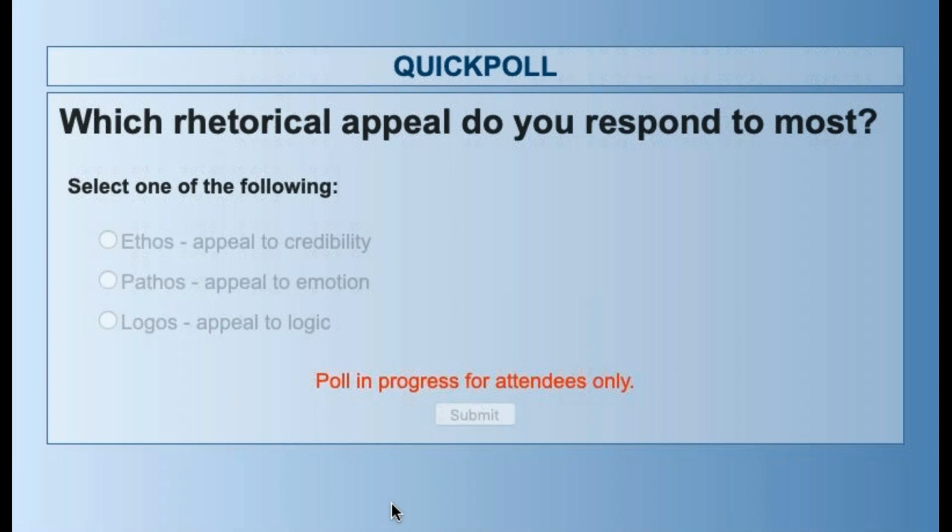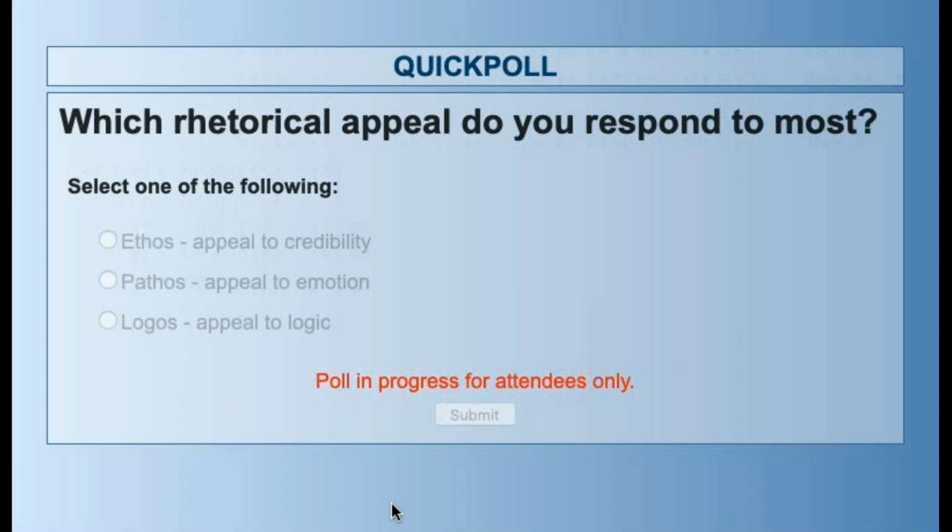Okay, interesting. About 70% of you responded. Oh, there we go, 80. Okay, so what I'm seeing is 13% for ethos, 13% for pathos, and 75% for logos. That's interesting.